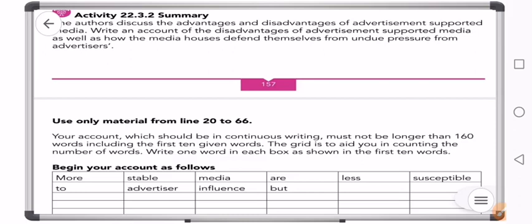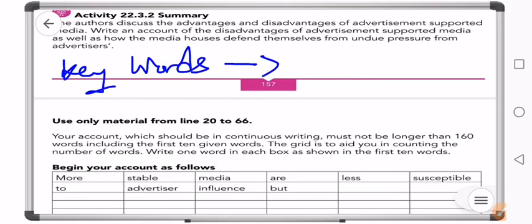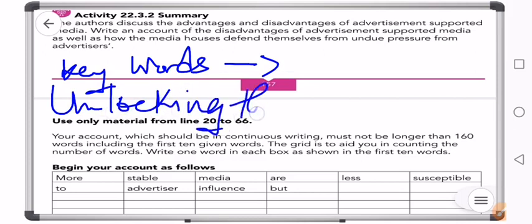After reading the question at least 3 times, you must be able to identify what we call keywords. For example, in this case, I am going to read and identify keywords. After identifying the keywords on the summary question, you go on by unlocking their meanings.